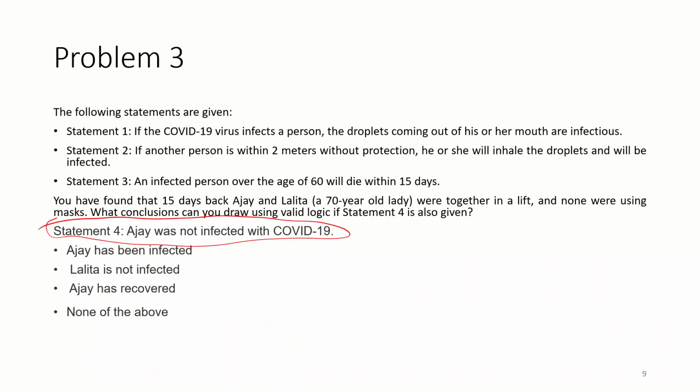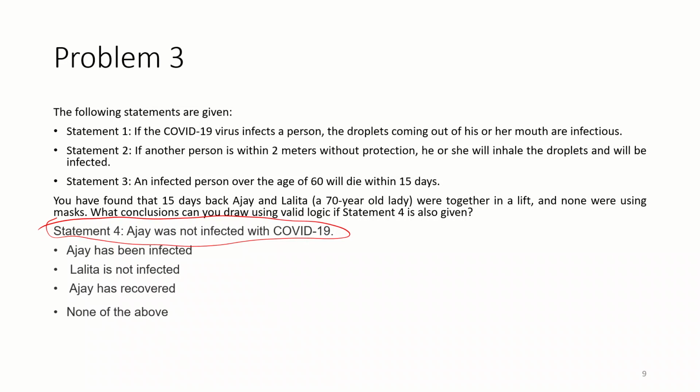I think we also need to look at the situation just about statement 4. It clearly says that they were not wearing any mask, which actually supports statement 2: without any protection, if you are within the 2 meters range, then you will be affected. So based on that, Lalita has to be infected with COVID, because both of them were not wearing masks, plus they were within the 2 meters range without protection.